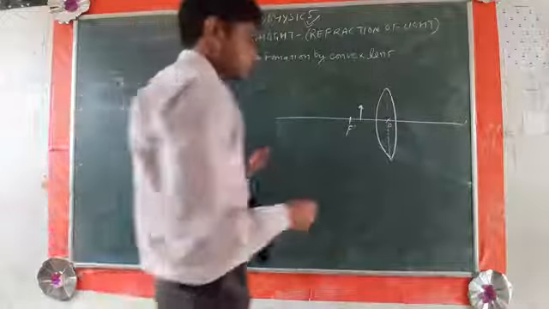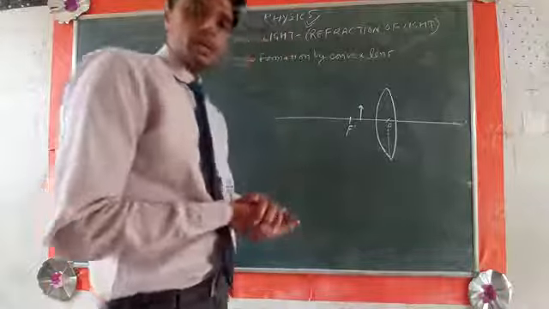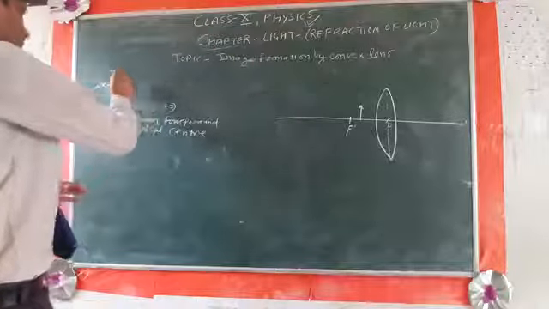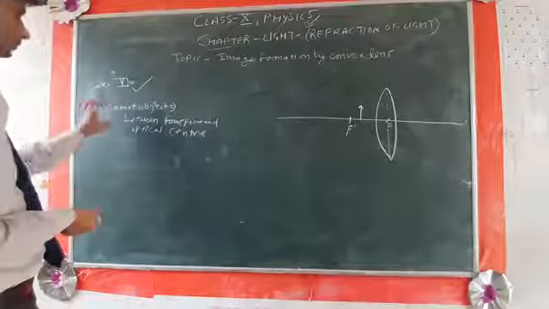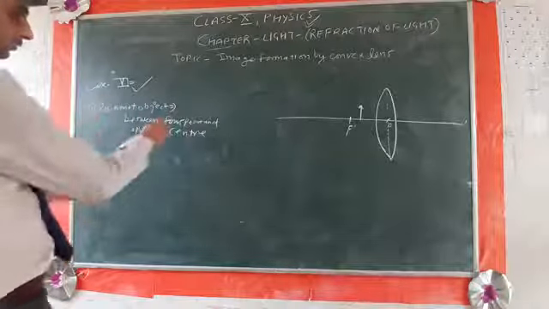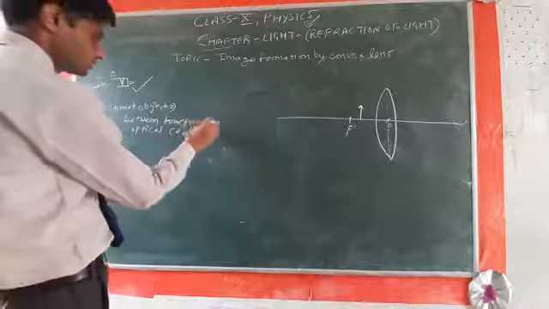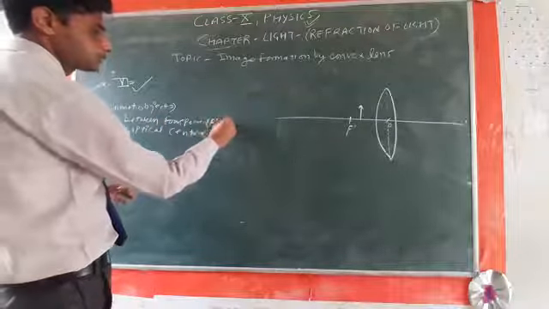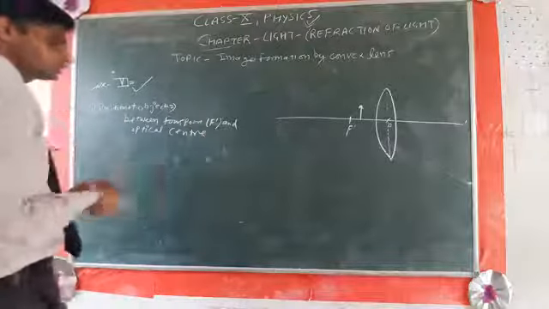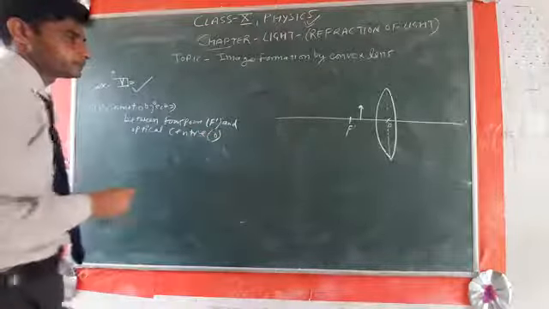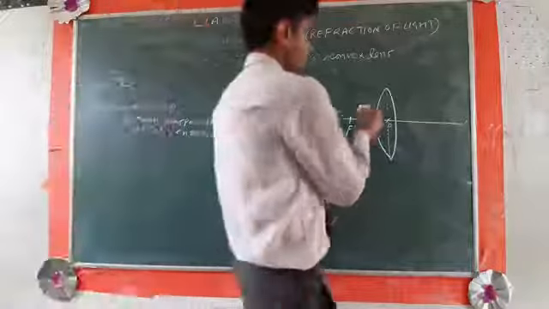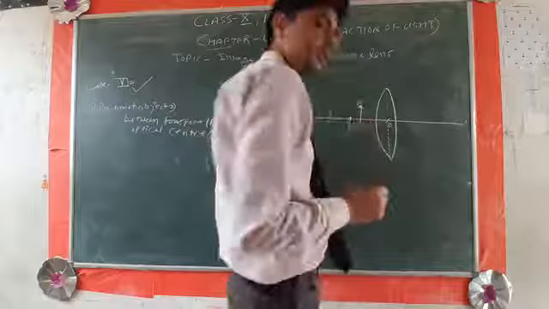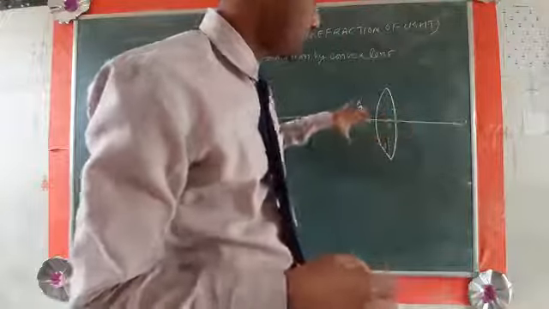Now I am going to draw the ray diagram for this case. This is the last case, case 6. Position of object between focus point F dash and optical center O. So this is object AB. Object AB is placed in front of the lens.